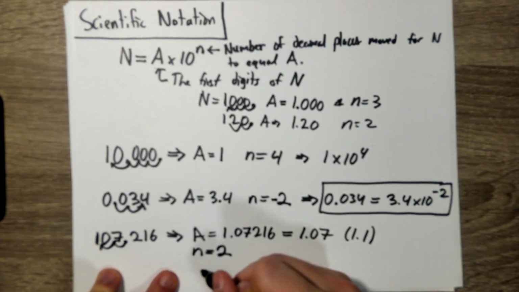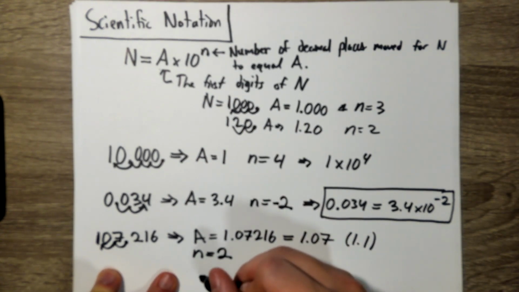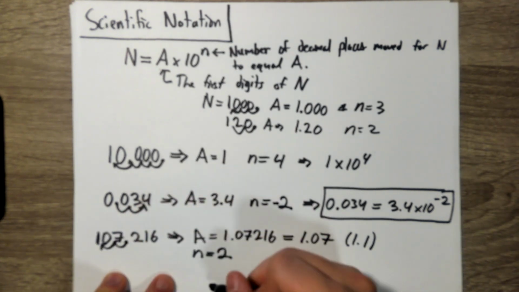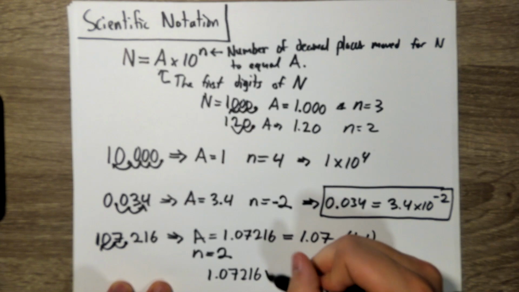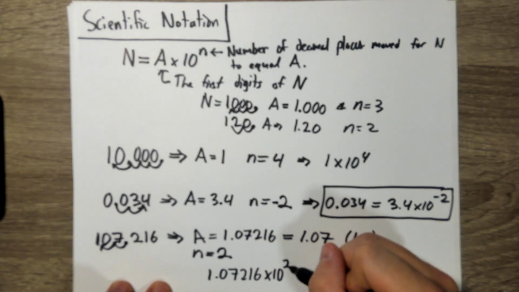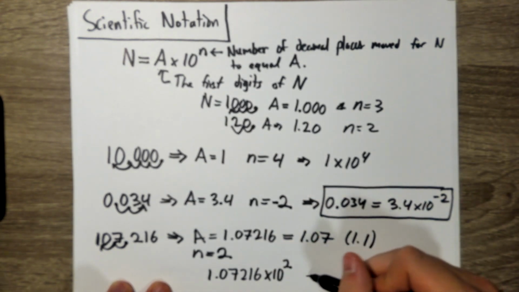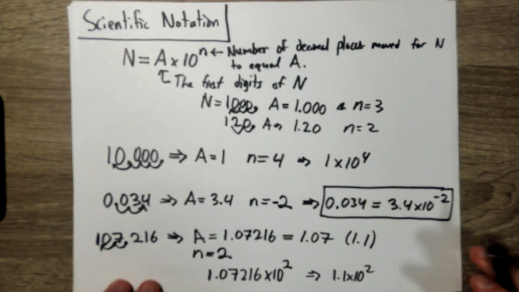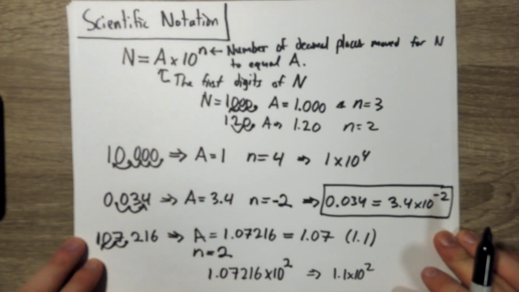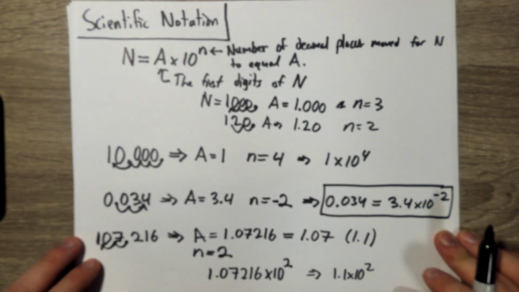So if we don't round it, you get that this value equals 1.07216 times 10 to the power of 2. Or, if you round it, 1.1 times 10 to the 2. Both are valid. So these are just a few examples of scientific notation.